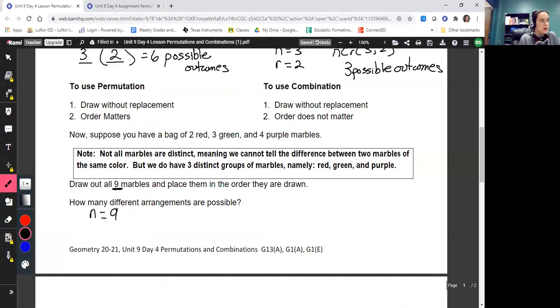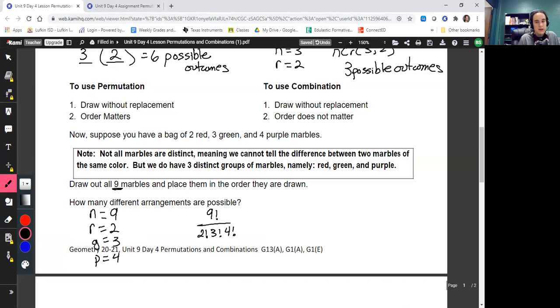So we're told we had 9 marbles. We have 2 that are reds, 3 that are greens, and 4 that are purples. So we'd have 9 factorial over 2 factorial, 3 factorial, 4 factorial.